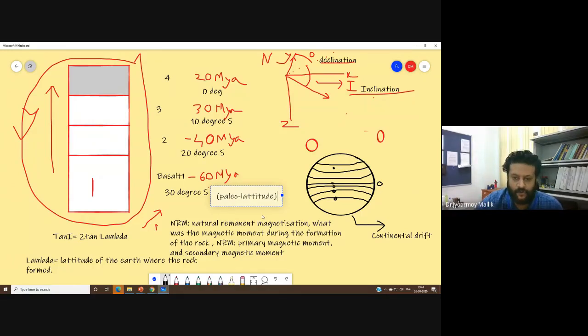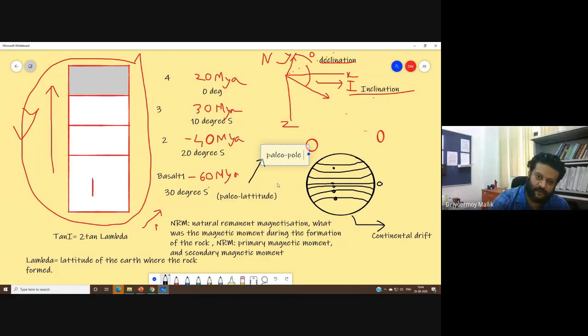But from this paleolatitude, you can also calculate the paleo pole. Paleo pole means, for example, if Bhopal was here, then with respect to Bhopal, where was Earth's magnetic pole? With respect to this particular continent, where was Earth's magnetic pole?